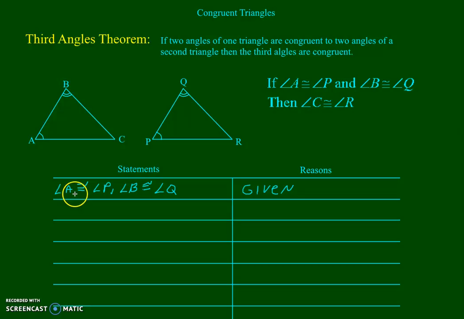So what we can say first is that this angle plus this angle plus this angle equal 180. So we know that the measure of angle A plus the measure of angle B plus the measure of angle C equals 180. And the reason for that is, of course, the triangle sum theorem.